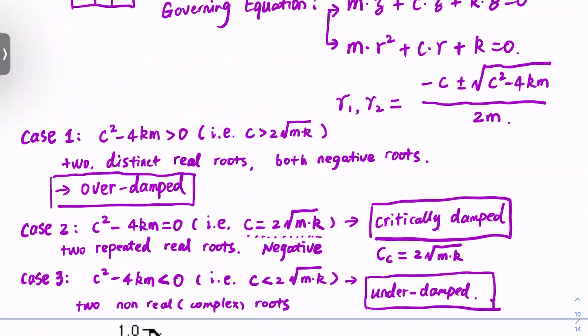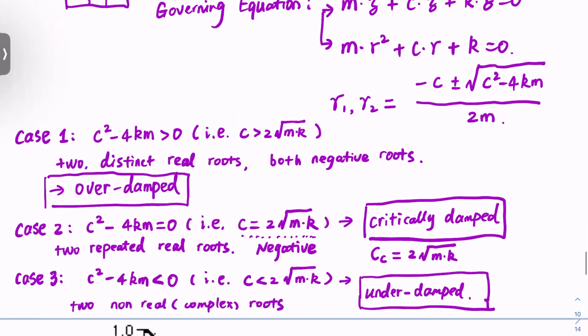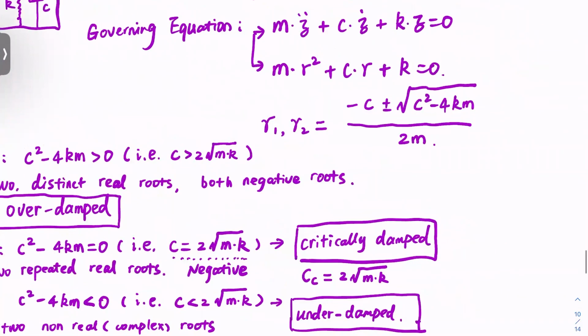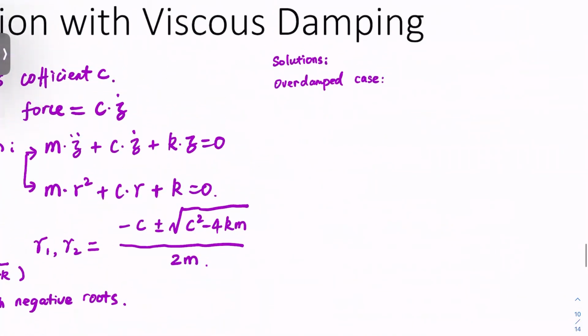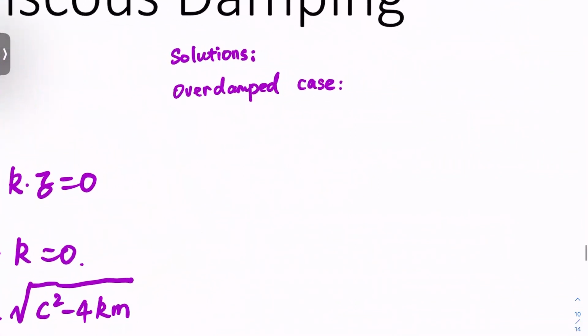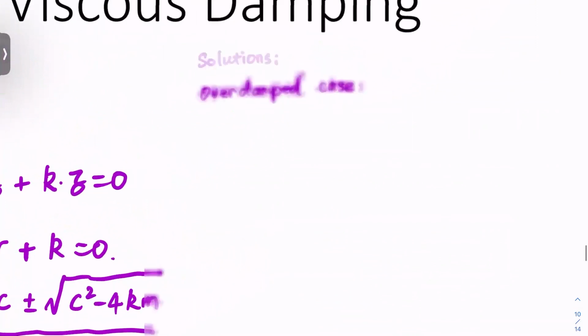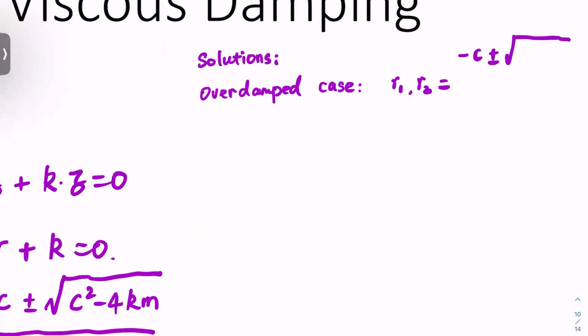Still remember the general solution of the 2 real roots scenario for that differential equation? Our 2 roots are, I have already had this somewhere, but I'm just gonna put it over here so that you can get everything together.